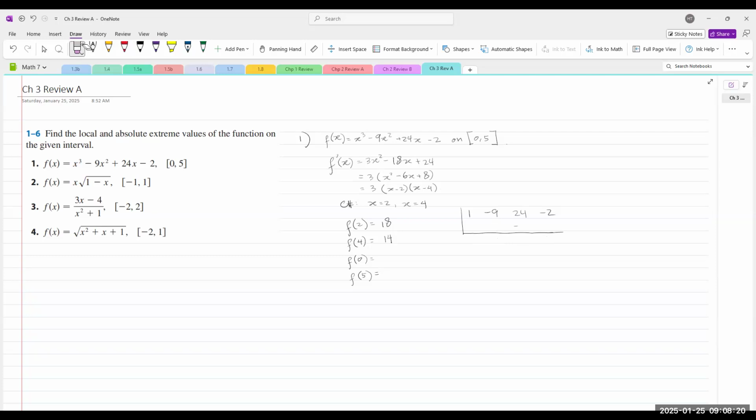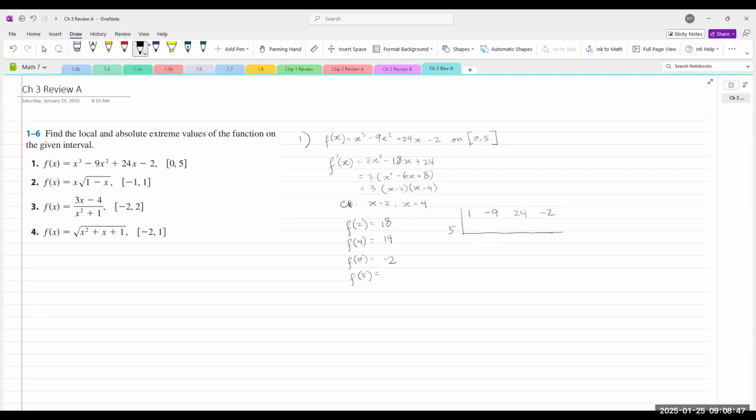Maybe I did it too fast. Just to make sure. Two. 1, 2, negative 7, negative 14, 10. Oh no, this is 10, not 20. So 10, 18. Oh yeah, that's correct. At 0, that's negative 2, so that's easy. The value of a polynomial at 0 is basically the y-intercept, which is the same as the constant.